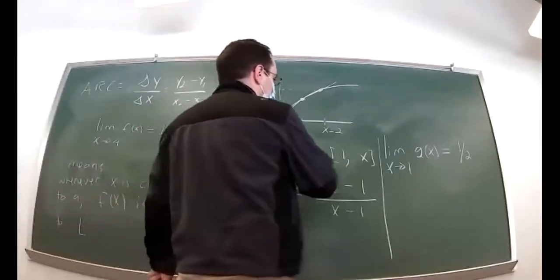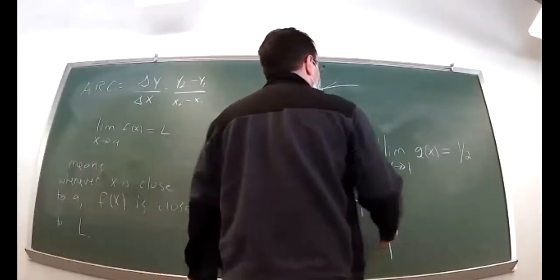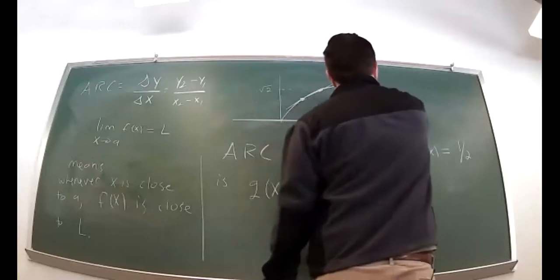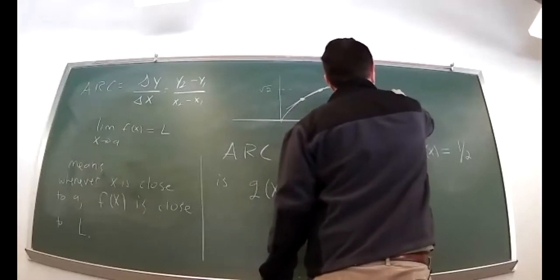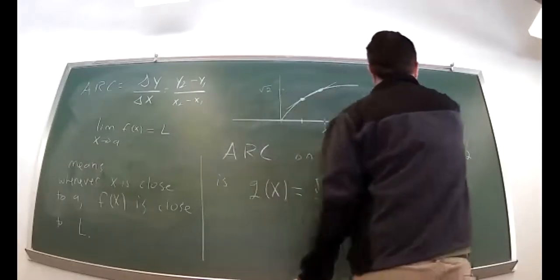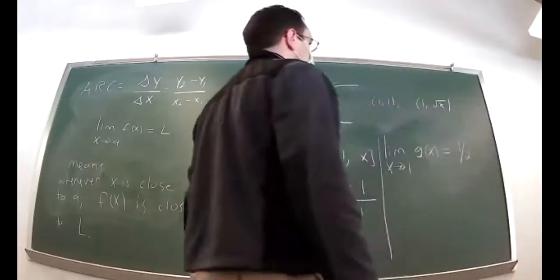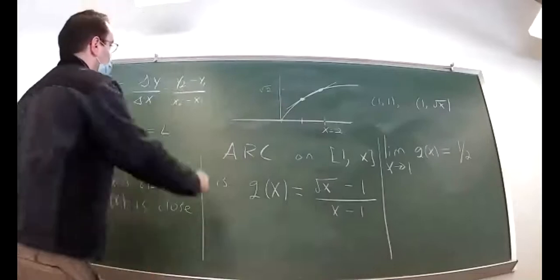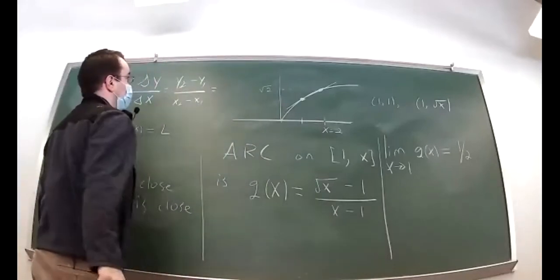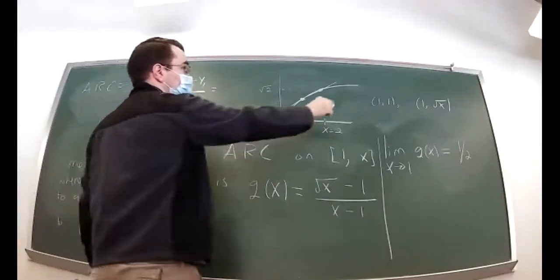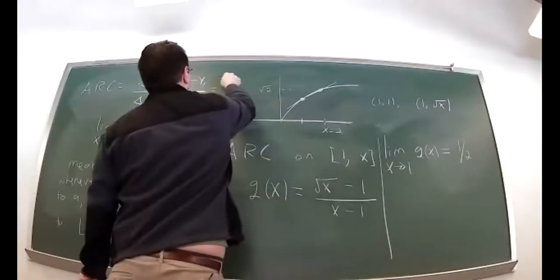So for the average rate of change on 1 to x, the 2 points that you're using to make your secant line are going to be 1 and square root of 1, and x and square root of x. And therefore, the change in y values, the y2 minus y1, is going to be root x minus 1.